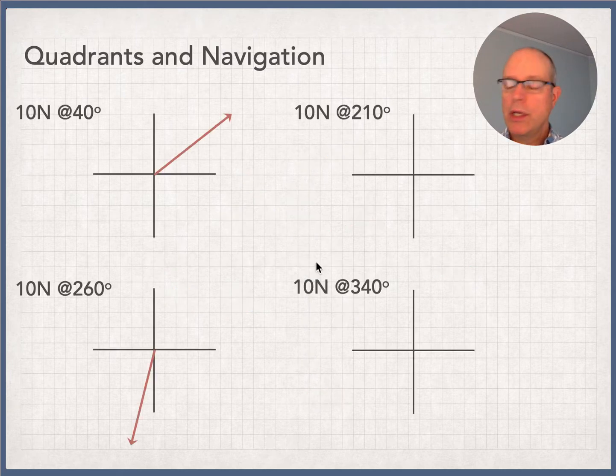Okay? All right, so we're going to dive in and talk about 4 different examples. And we'll start at the shallow end here. 10 newtons at 40 degrees, I've pre-drawn the answer. This to me is a really easy example because it's in the first quadrant. It's naturally intuitive to say, well, here's 0 degrees pointing out east, and I'm just going to rotate until I get to 40 degrees, and very few people make a mistake drawing that vector.